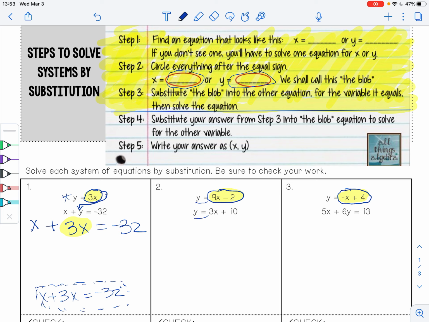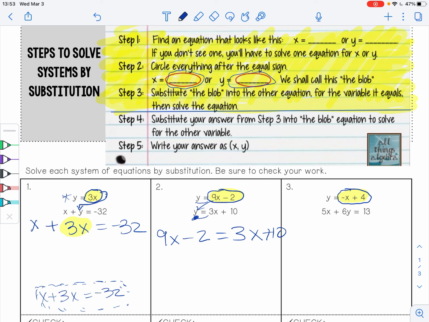Let's try that again on the second one. We said it really didn't matter on this one because they both said y equals. So we'll take the top one that we circled, and the bottom one has this y, so we're going to replace that y with that stuff. That's going to be 9x minus 2 equals 3x plus 10.